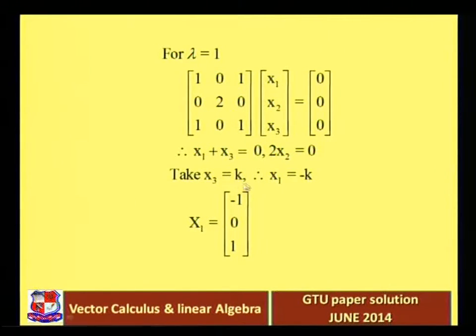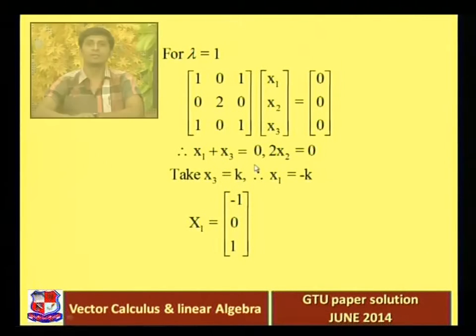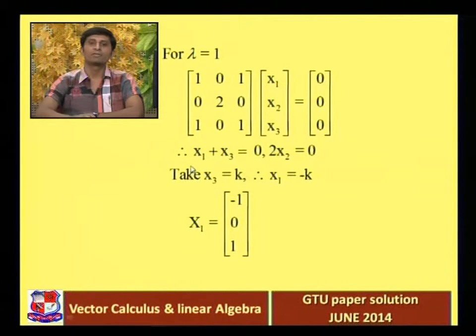In which column we don't have any leading entry? Third column. So we take x3 is equal to k, and corresponding to x3 is equal to k, we get x1 is minus k, x2 is 0. So our eigenvector corresponding to lambda is equal to 1 is minus 1, 0, 1.